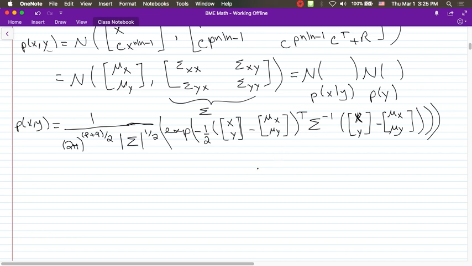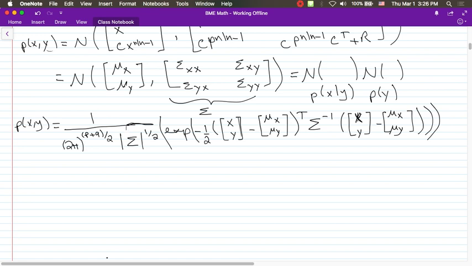So for me to do this, what I have to do is take a determinant and factor out of it another determinant. Take an inverse and factor out of it another inverse. That way I can write it as multiplication of two normal distributions, right? If I can do that, then one of them is going to be P of y, the other one is going to be P of x given y. That's the idea.